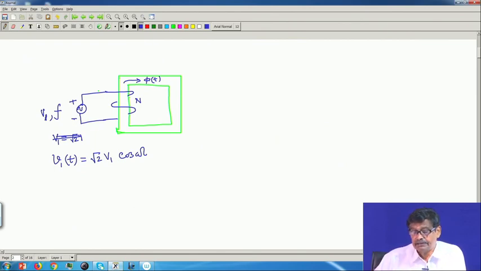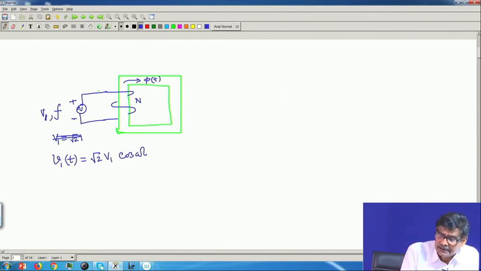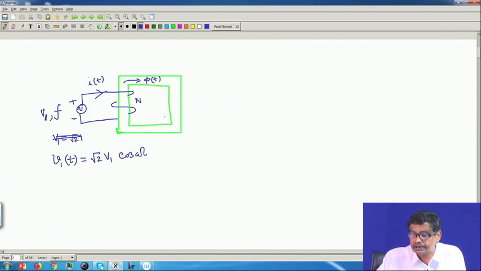The reason is, whatever current it draws will also be sinusoidally varying, because after all it is some sort of coil or inductance connected across an AC supply, so some alternating current it will draw.